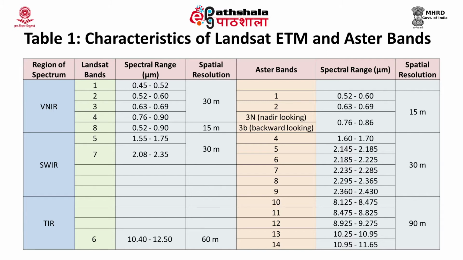So, here you can see the wavelength of the electromagnetic spectrum versus reflectance, and in the y axis we have reflectance from 0 to 60%. There we have plotted different materials.